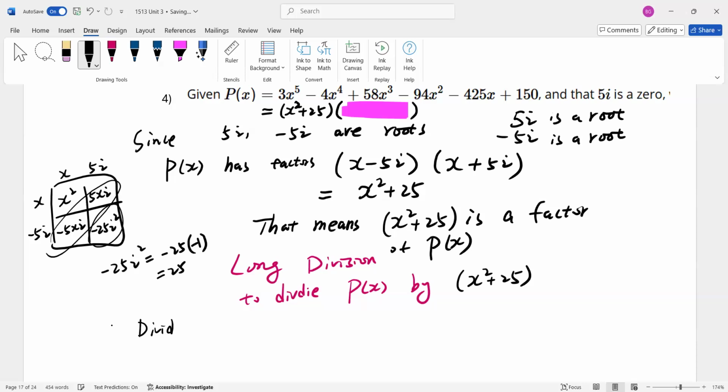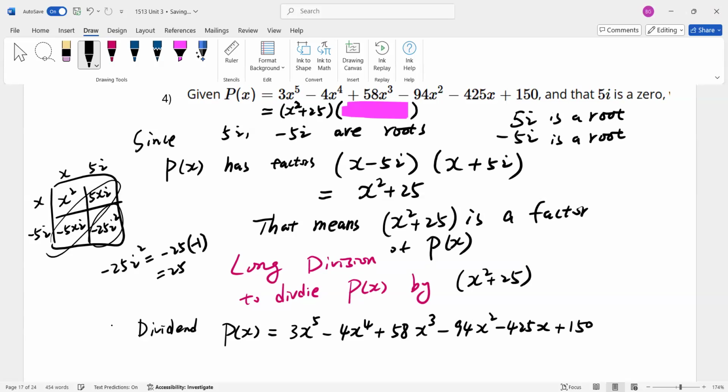The dividend is P of x equals 3x to the 5 minus 4x to the 4th plus 58x cubed minus 94x squared minus 425x plus 150. Double check, triple check.